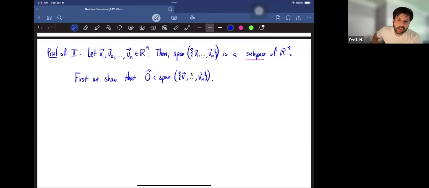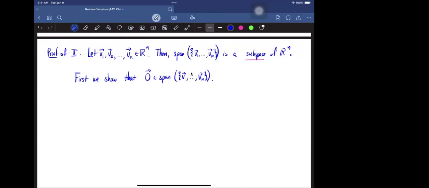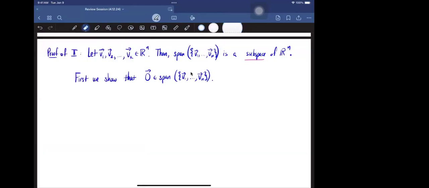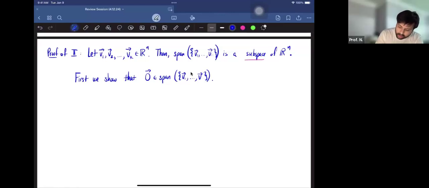In order to do that, I must know the definition of span. The definition of span is the set of all linear combinations, right? So now the question is, can the 0 vector be written as a linear combination of v1 through vk? Sorry, we used the letter k.